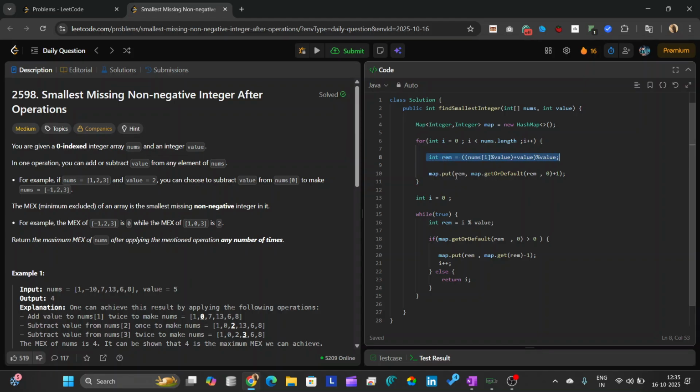For the remainder, if it has no frequency, we start with 0 and add 1. If it already has a frequency, we also increase by 1.